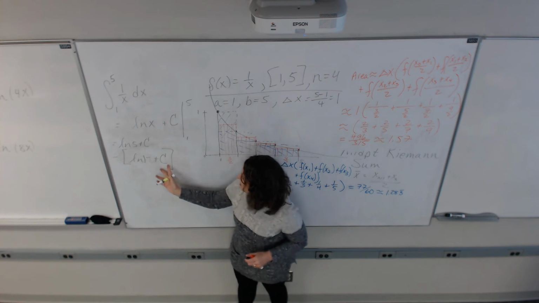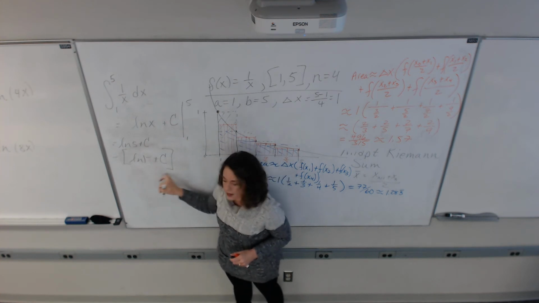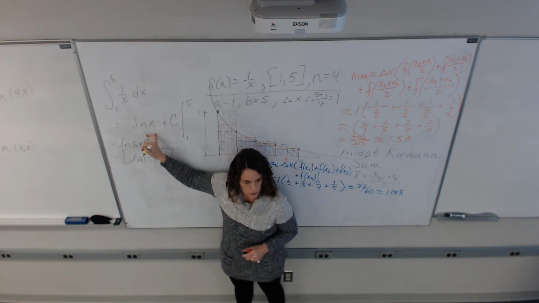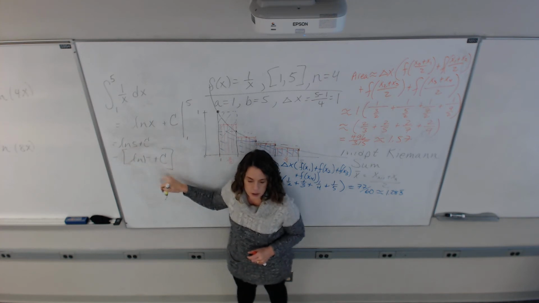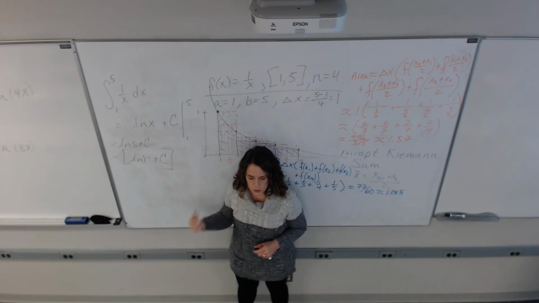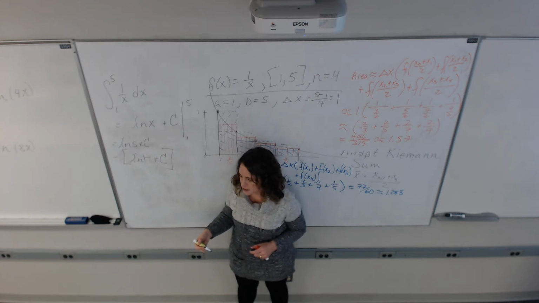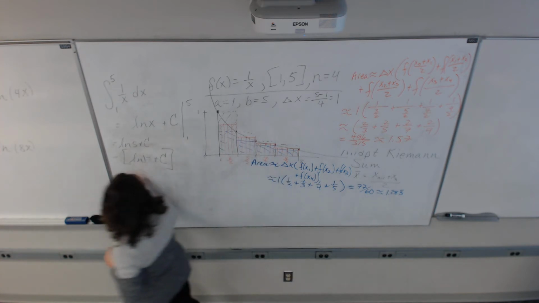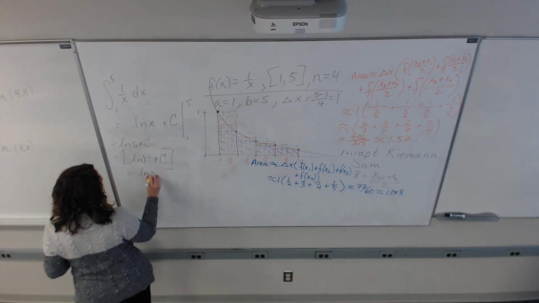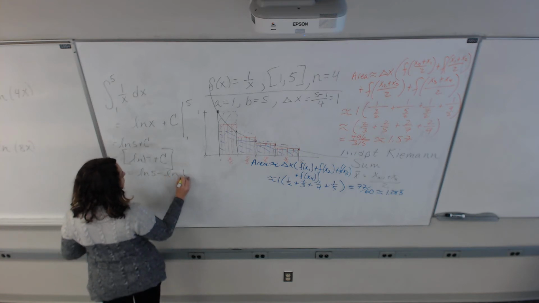And you still have this plus c, and then you subtract the lower one from the upper one, you've got c minus c. So when you do the definite integral, do you really need the c? You never need the c when you do the definite integral. It will always disappear. And I end up with the natural log of 5 minus the natural log of 1.